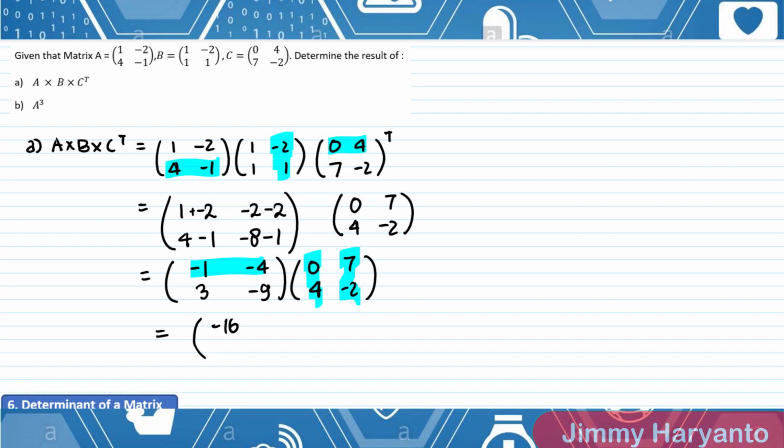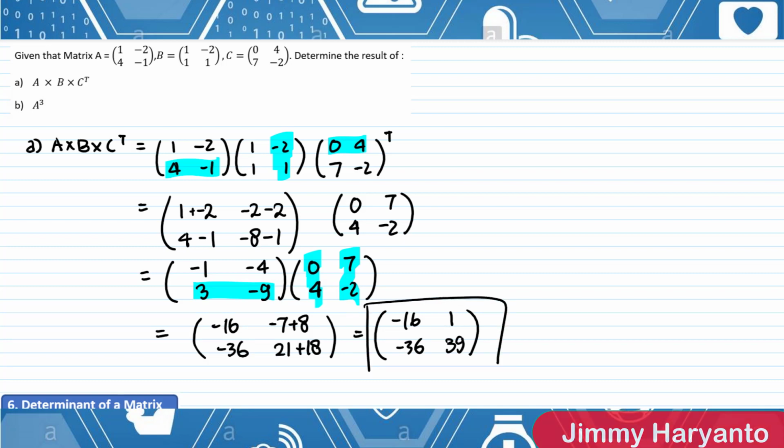For the second column, it will be negative 7 plus 8. The second row times the first column will be 3 times 0, 0, negative 36, and then 21 plus 18. So the final result will be negative 16, 1, negative 36, and 39.